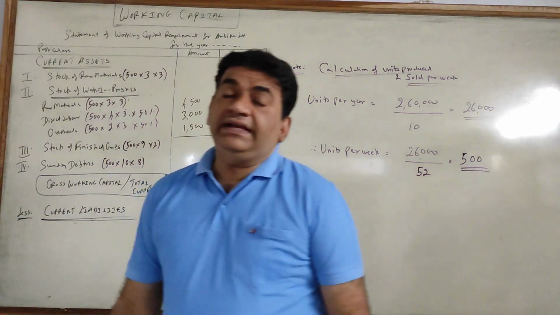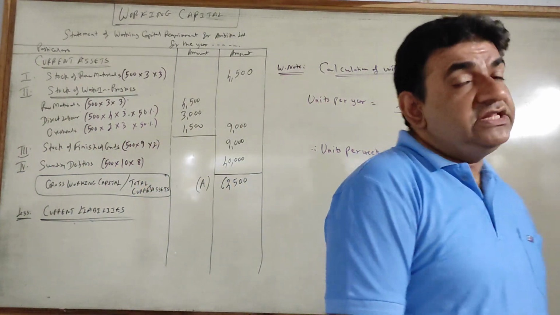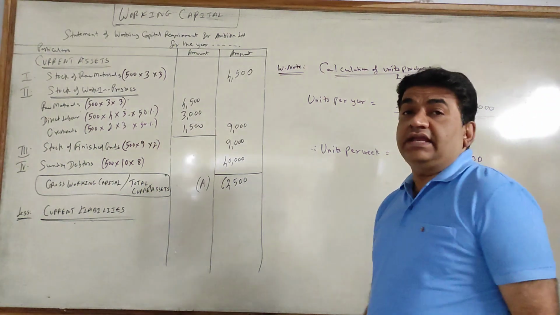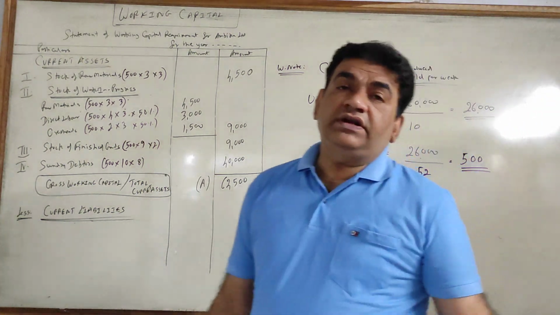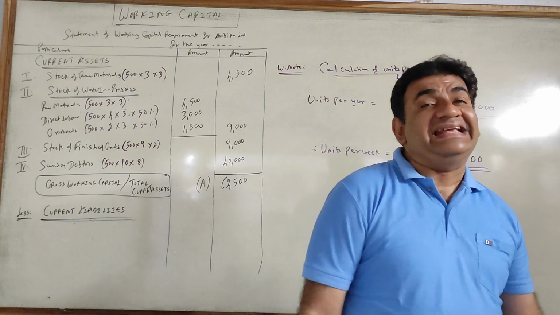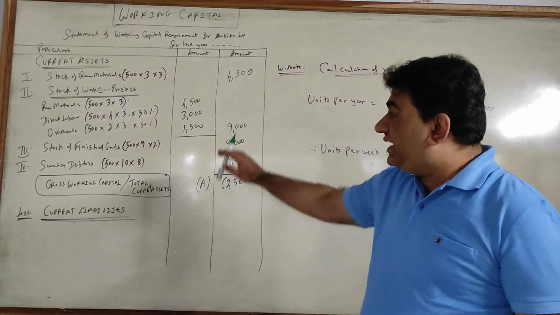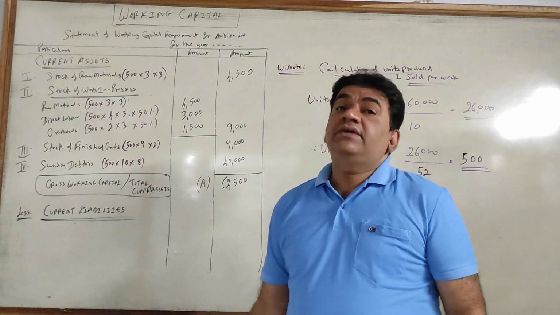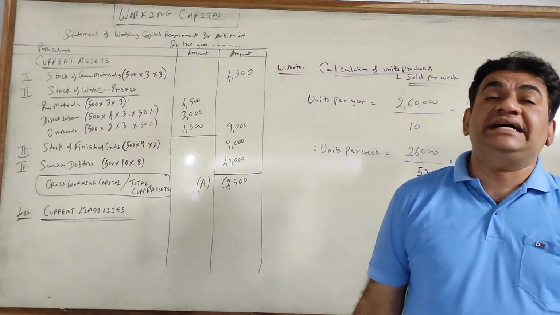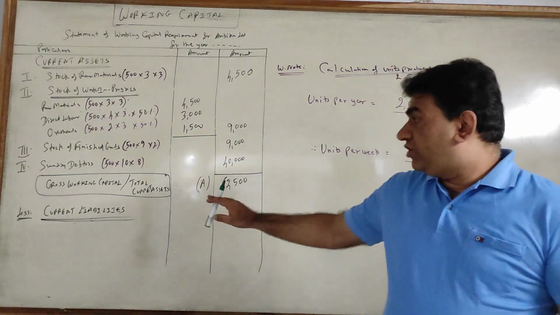What comes in current liability? Creditors, bills payable, outstanding expenses, bank overdraft, short-term loans, etc. Income received in advance. When you pay in advance, it is an asset, but when you receive in advance, it is a liability. Got it, guys?